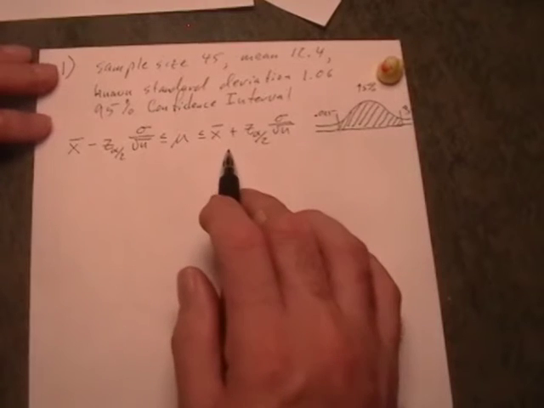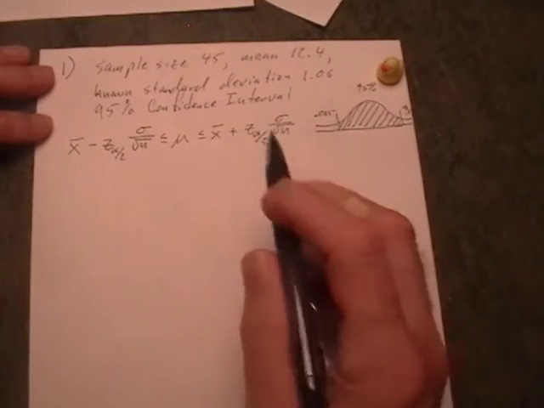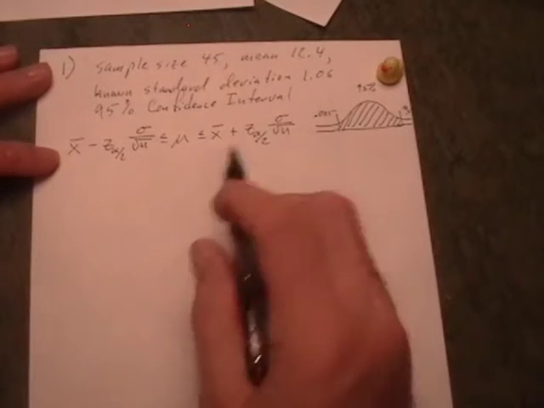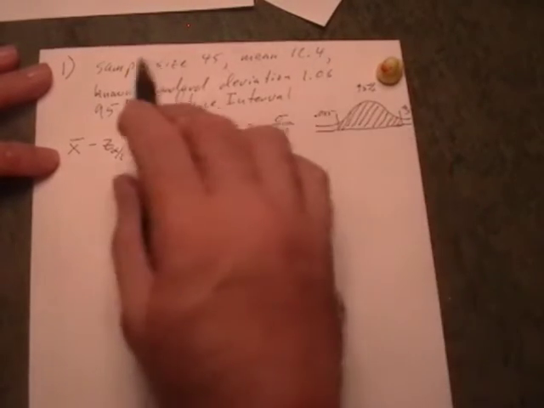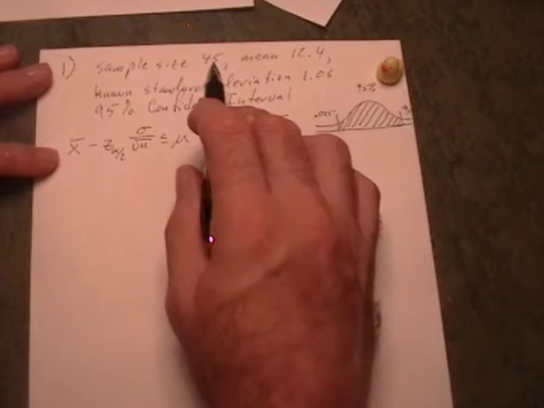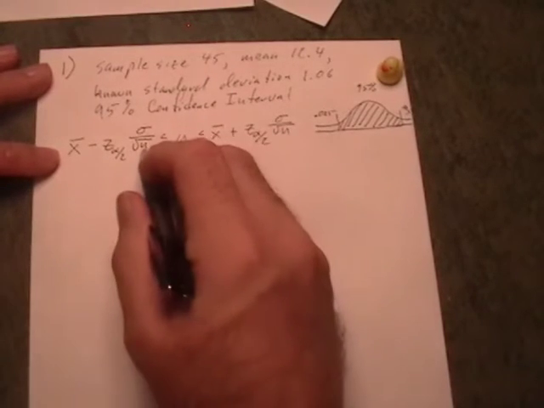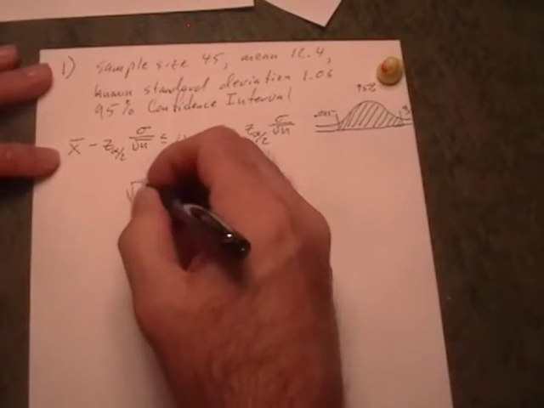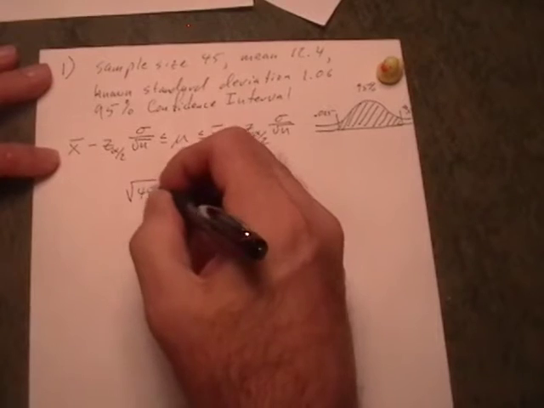On to what you are going to do. First, there are some things that are easy to plug in. In the description, I'm going to tell you the sample size is 45. You're responsible for remembering that sample size is n. So here and here, I'm going to replace n with 45.